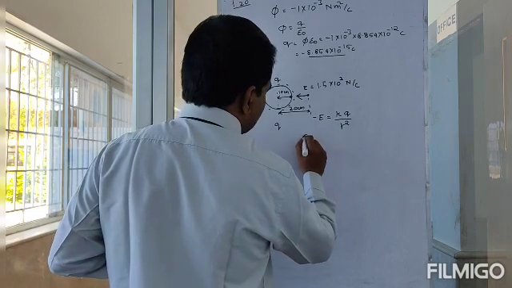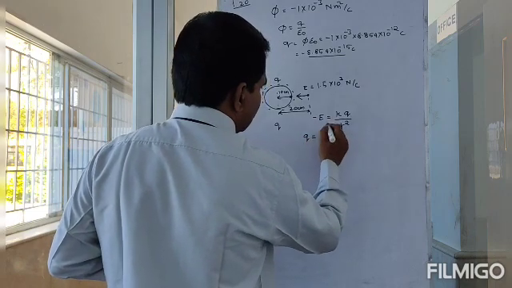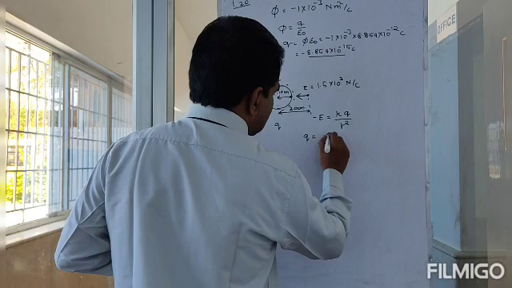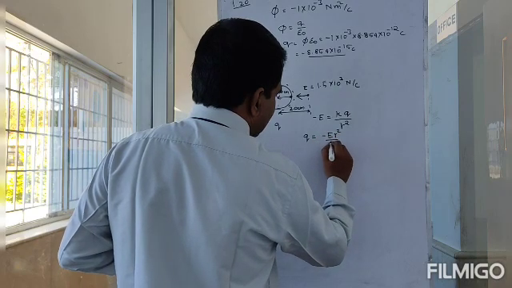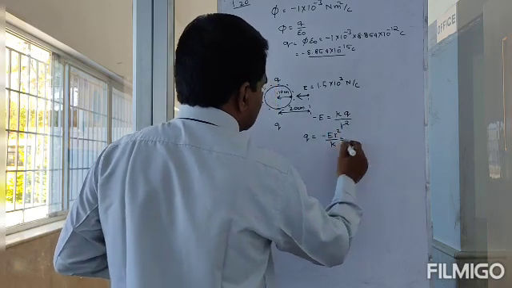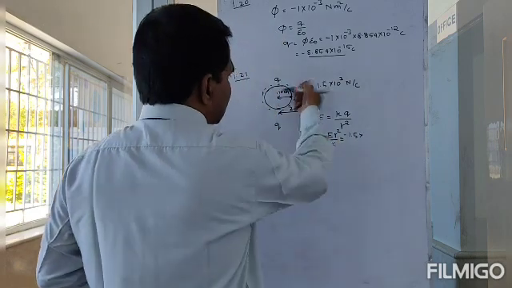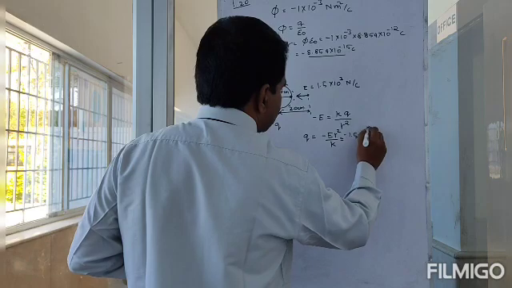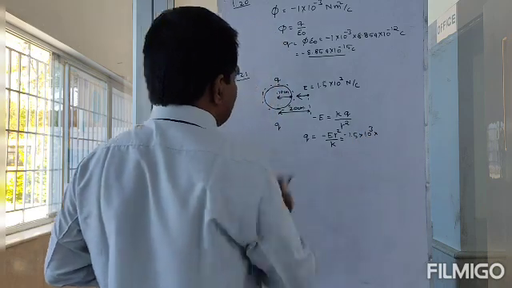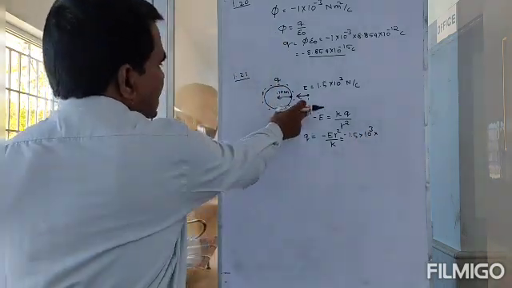So then what is Q? So Q is equal to minus E R squared by K. So 1.5 minus negative charge, 18 into 10 power 3. What is R squared? R is, now it is 20 centimeters, right?